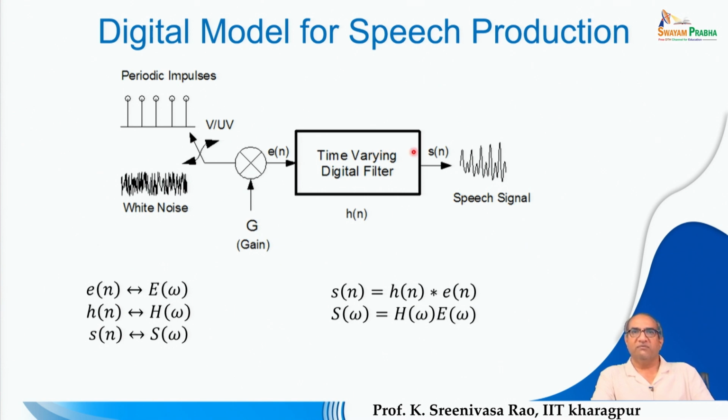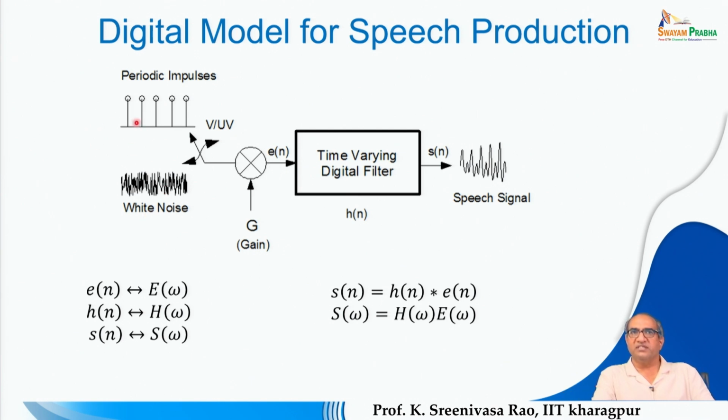So in a digital context, from an electrical system modeling and signal model perspective, we can say our time varying digital filter is nothing but your vocal tract system, and the excitation will be of different types, as we have already studied. One is the voiced excitation, and the other is the excitation due to constriction, either partial or complete constriction. So it is going to be unvoiced excitation.